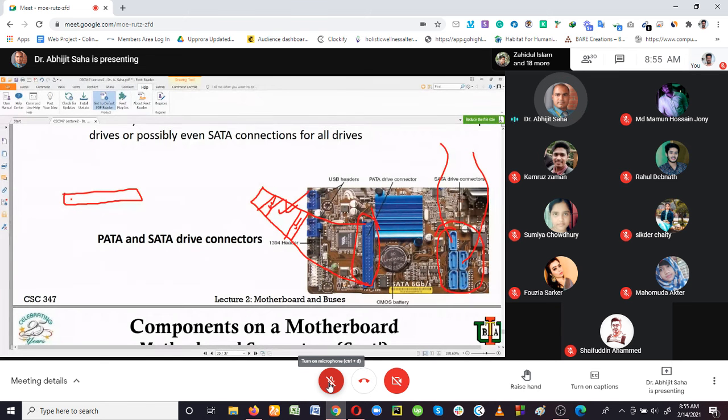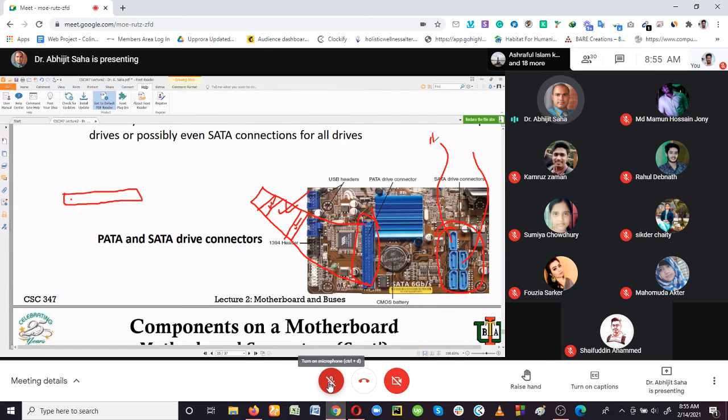Previously, 2 or 3 optical drives could easily be installed with the PATA connector, but with SATA the cables are slim, and with each cable you'll be able to connect only one optical drive.